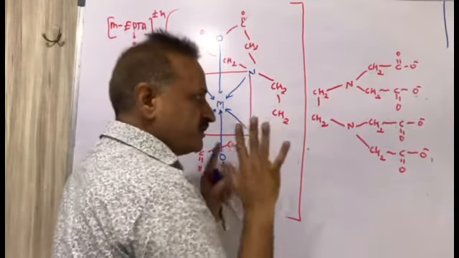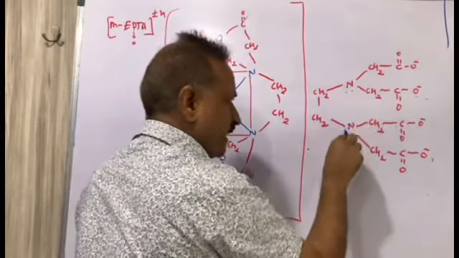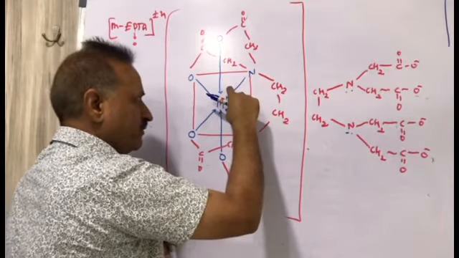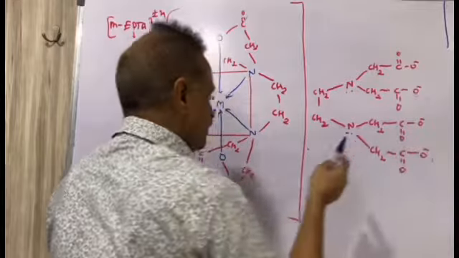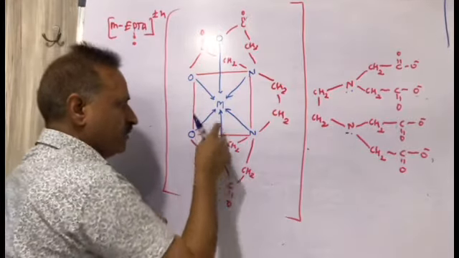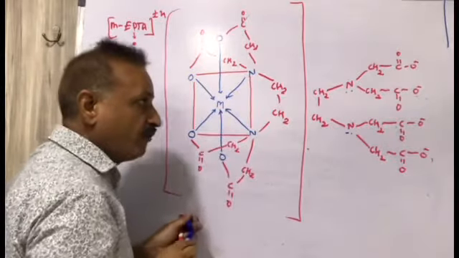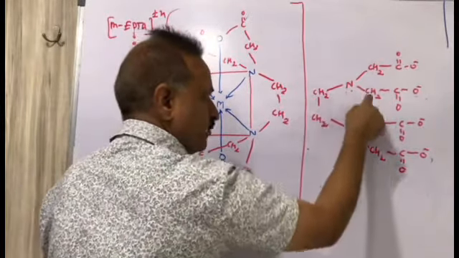So a total of 6 coordinate bonds will form by 4 oxygens and 2 nitrogens. The 2 nitrogens, 1 and 2, form coordinate covalent bonds, and the 4 oxygens, 1, 2, 3 and 4, form coordinate covalent bonds. How many CH2 are present in this compound? 1, 2, 3, 4, 5, 6.